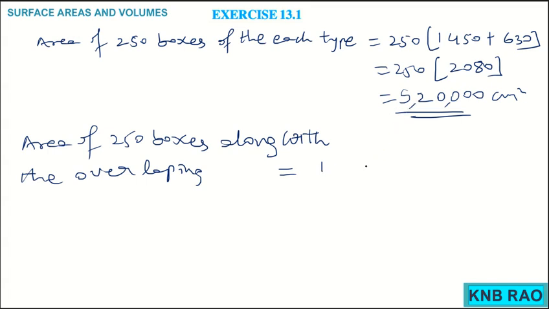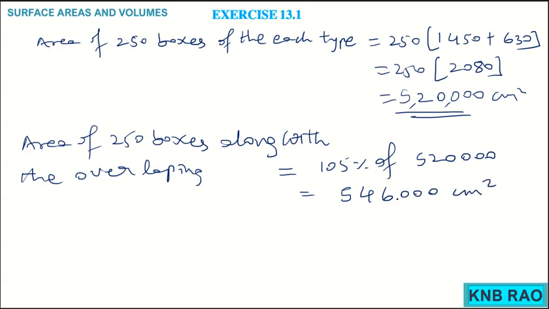Over this I have to take extra, that means 105% of 5,20,000 centimeter square. So if you multiply, 5,20,000 into 1.05 gives you 5,46,000 centimeter square being the area along with the overlap.